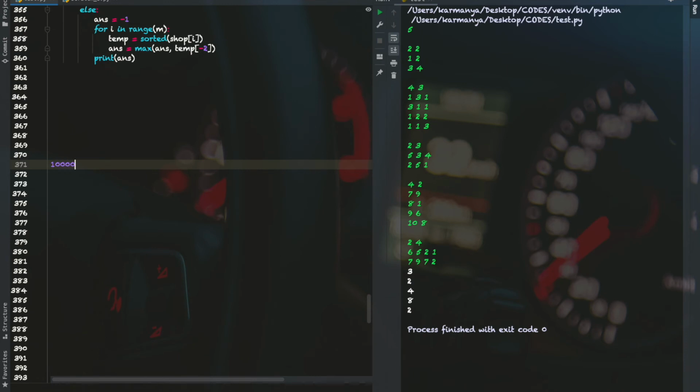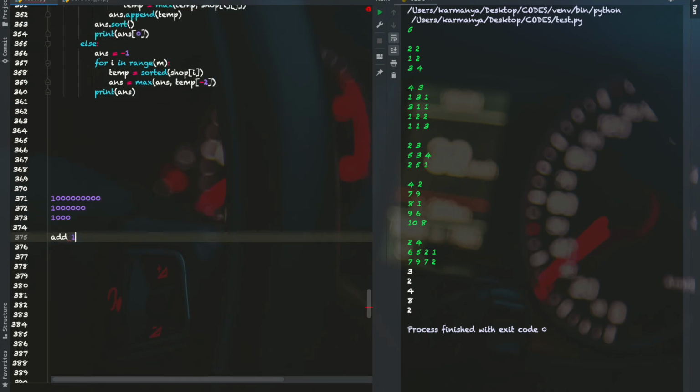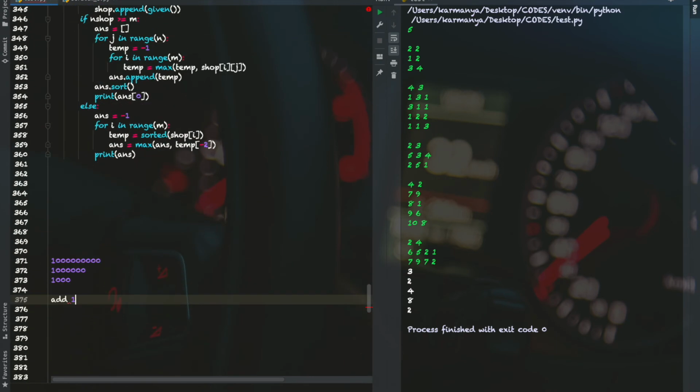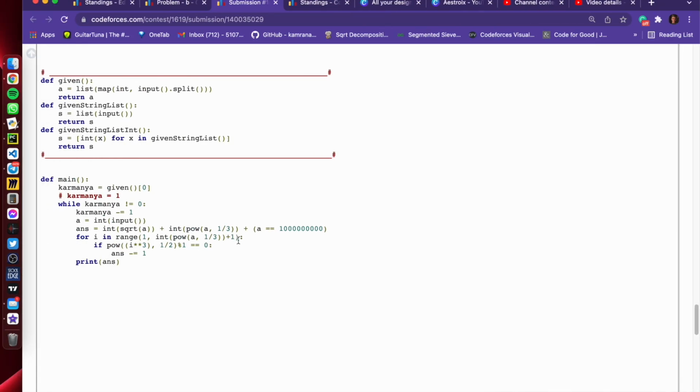First is 10 power 9: 1 2 3 4 5 6 7 8 9 zeros. Second is 6 zeros, and third is 3 zeros. If a is equal to any of these three numbers, then you have to add 1 to the answer. I have not written the code with me, so I have told you here, where I have written plus a is equal to that.